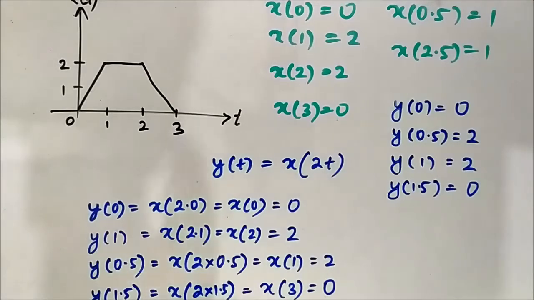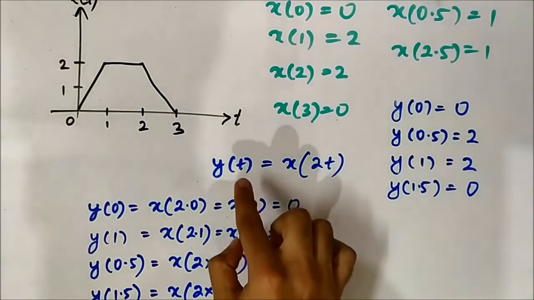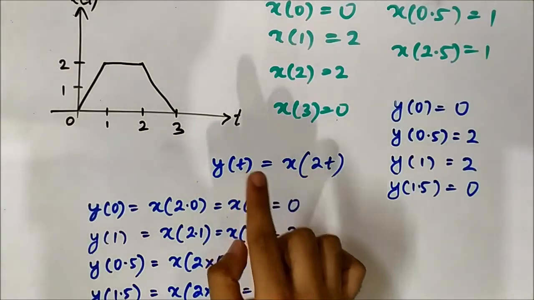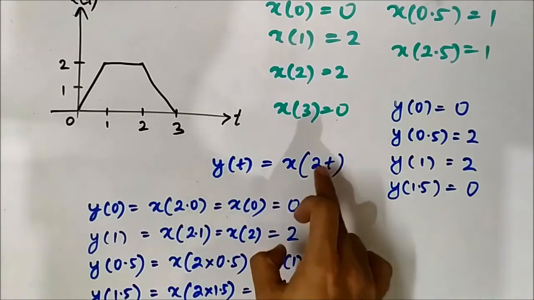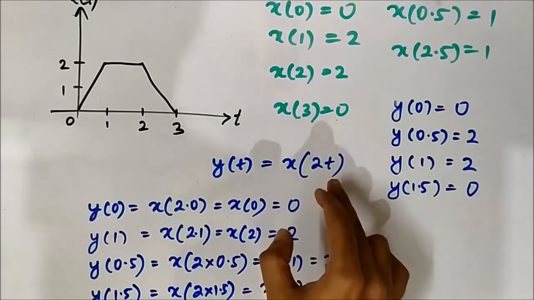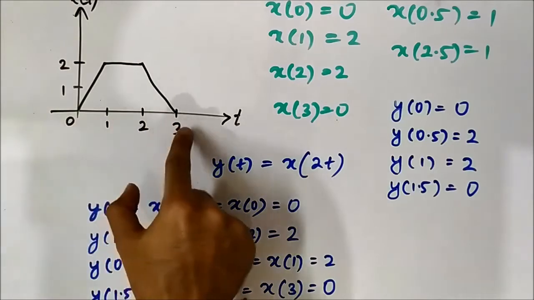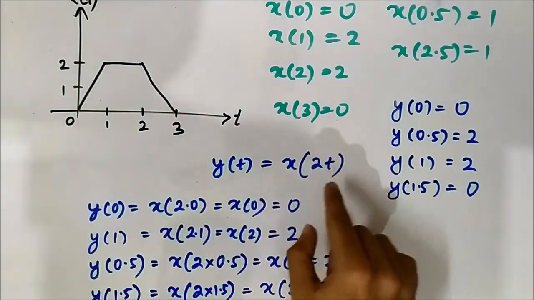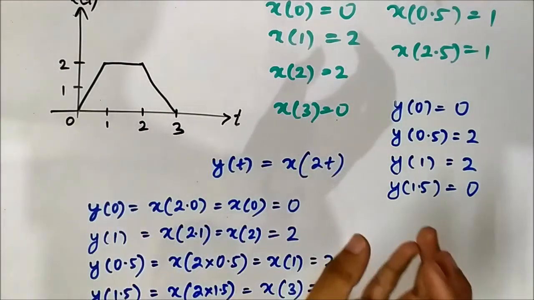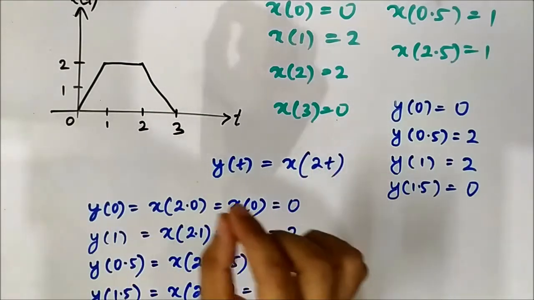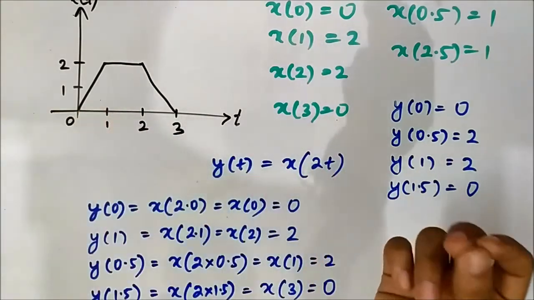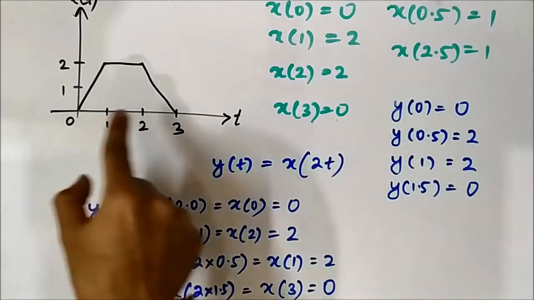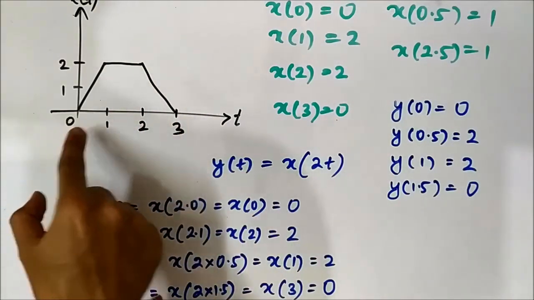So again I will repeat, we have to select the value of t in such a way that this 2t value will lie in between 0 and 3, because this is the reference signal x(t). So whatever signal value at a particular point that we want, it has to lie in between 0 and 3.